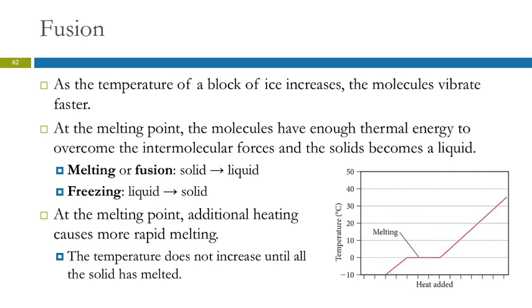The temperature will not rise until all the ice has melted. And that's true with any solid. There's a flat place in the heating curve when you have a state change. Because as you're adding heat, all of that heat is going into breaking or partially breaking those intermolecular forces.